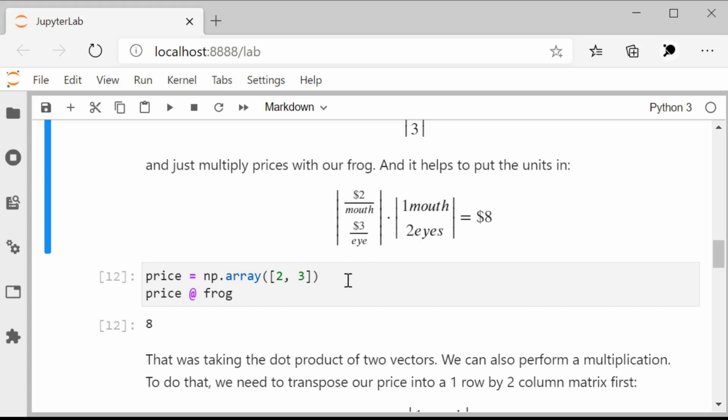If I have 3 elements on the left, which is mouth, eye, maybe a nose, then I have the dollar amount for the nose, but if I don't have the number of noses on the right side, then I can't compute anything. So it is important to have the same number of elements on both sides before we can take the product.